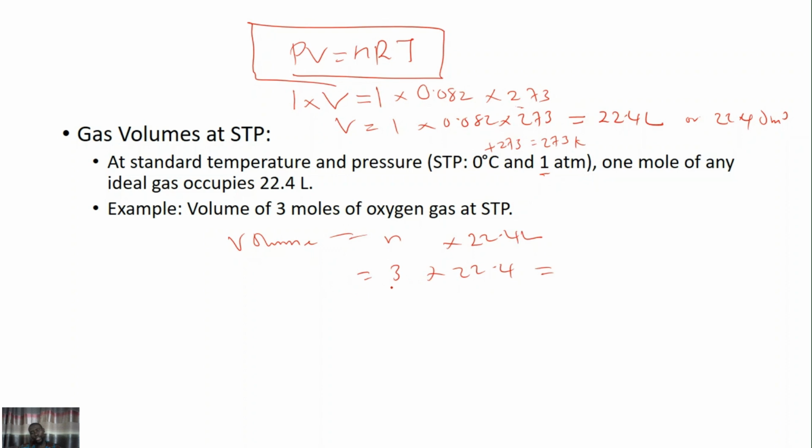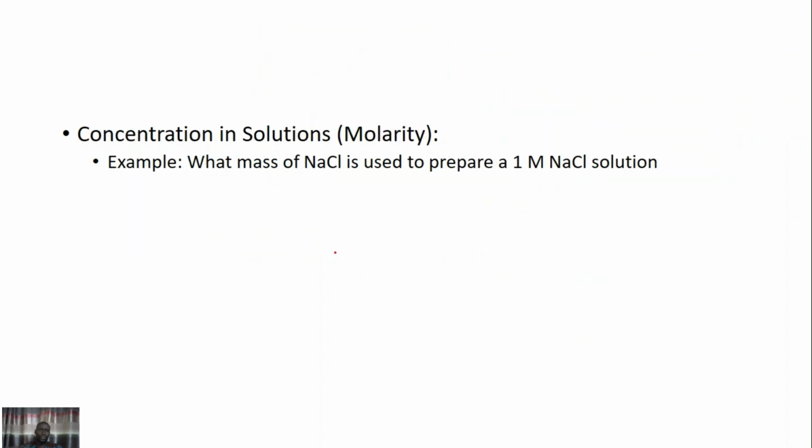If you do the calculation here, that's around 67.2 liters. That's the volume of 3 moles of oxygen at standard temperature and pressure. So that's how you'll be calculating the volume of a gas at standard temperature and pressure if you are given the mole of the gas.